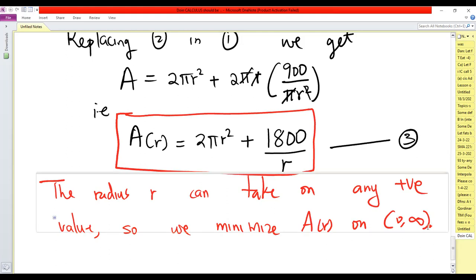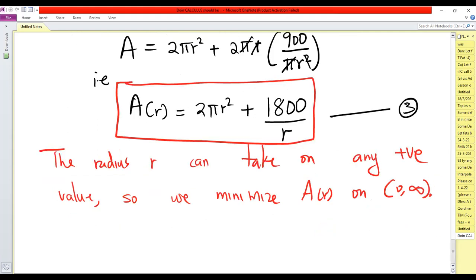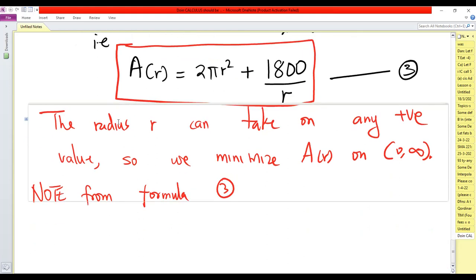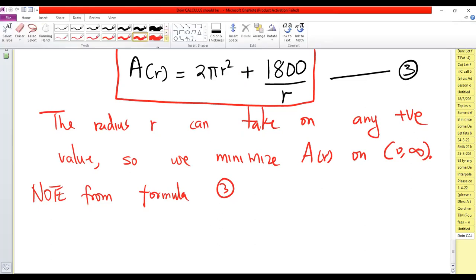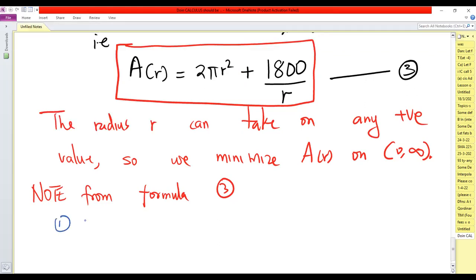With formula 3, there are key things we can note. The area has 2 terms, and these 2 terms display 2 characteristics of the area function. One, area tends to infinity as r tends to infinity.